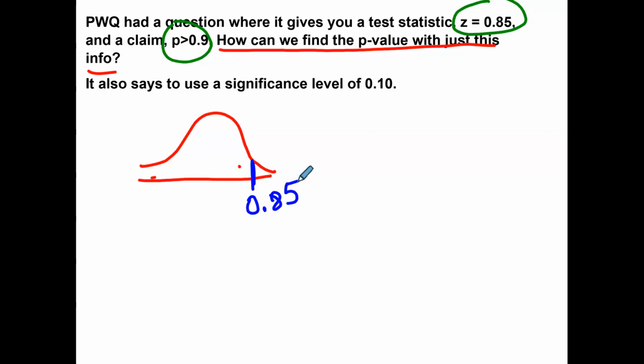Therefore, the claim will tell us which side the test is on, although we can see from here that it's probably going to be the right tail. P is greater than. The greater than points to the right. Therefore, our p-values will be located to the right of our z-statistic.